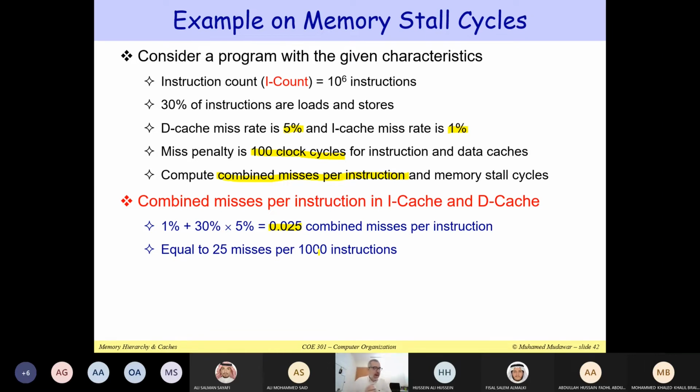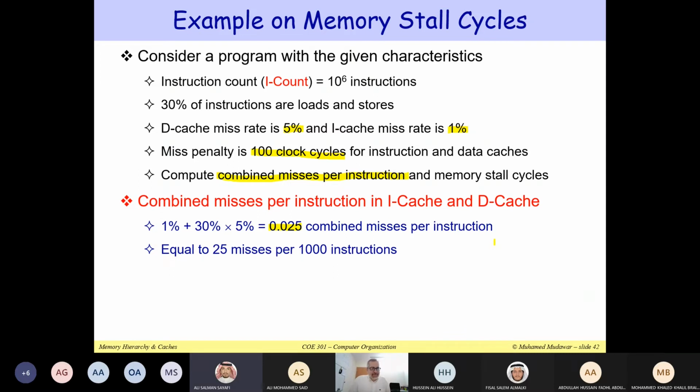In total, we have 25 misses per 1,000 instructions. Is this clear? You can think about it as per 1,000. This is just an average number, the same thing as writing 0.025 combined misses per instruction. Of course, not every instruction is going to miss, but this is an average number.